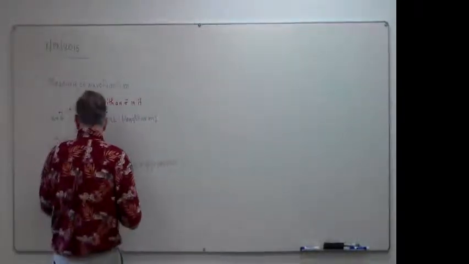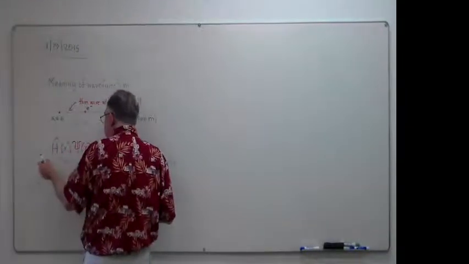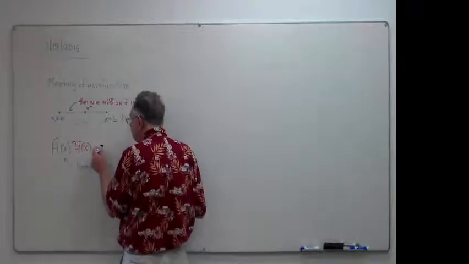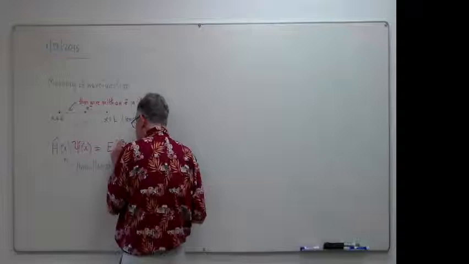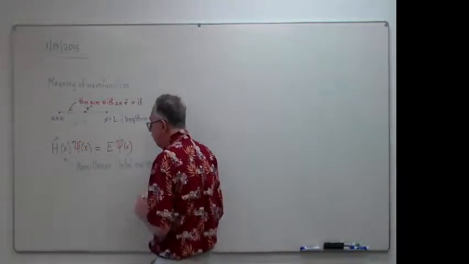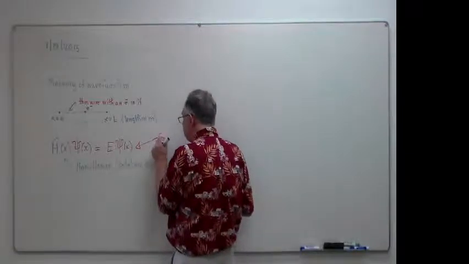And if we want to solve Schrödinger's equation, of course, it's this Hamiltonian operating on the wave function to give an energy times the wave function back again. So that's Schrödinger's equation.